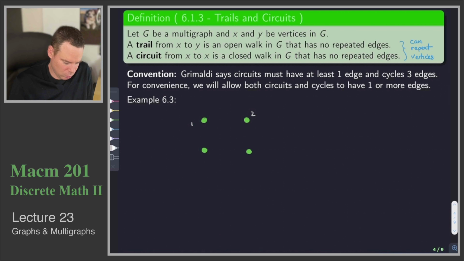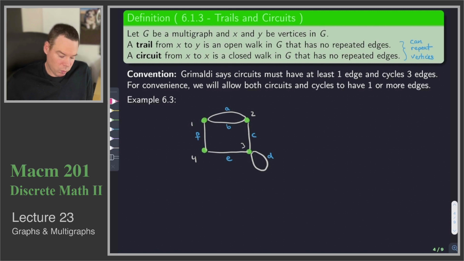So that's 1, 2, 3, 4. We had our parallel edges, and we have our loop at 3. And we'll label our edges again, A, B, C, D, E, and F. And so what would be an example of a trail?